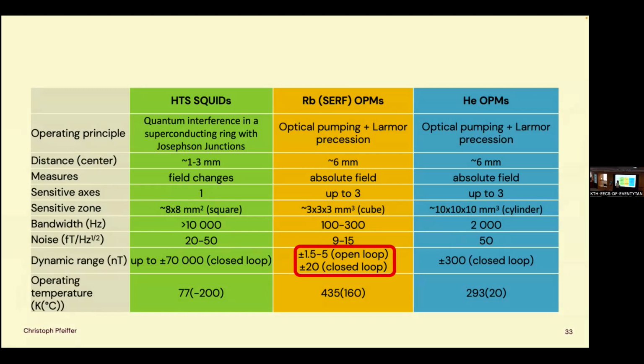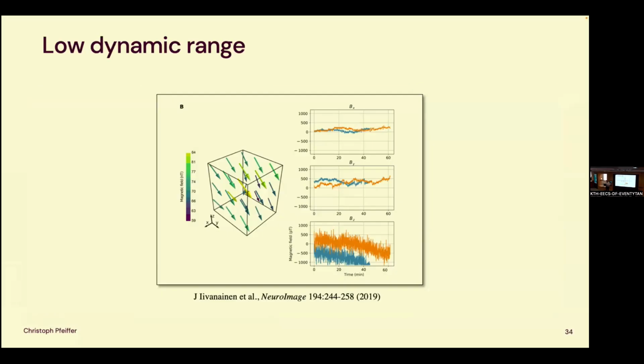So this is more than enough. But the surf OPMs have more on the order of a few nanotesla. That means basically that if we look at a typical room, we have something like 50 to 100 nanotesla, and then you have some fluctuations on the order of nanotesla. This is not good enough.